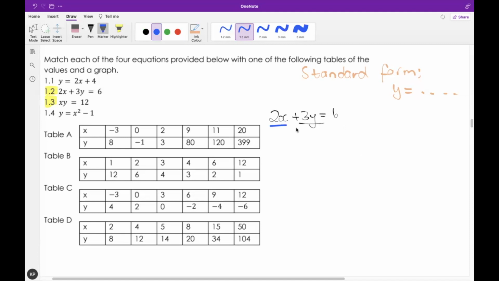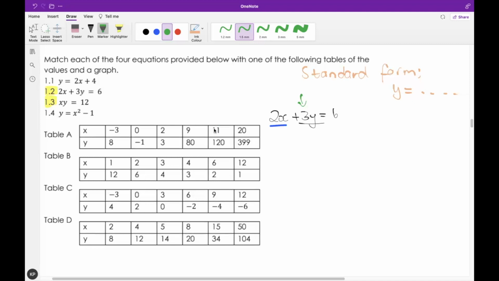Remember, we're not solving for x here. We want y. So this whole 2x needs to go away. How will I do that? Does anybody know? Nice, minus 2x.